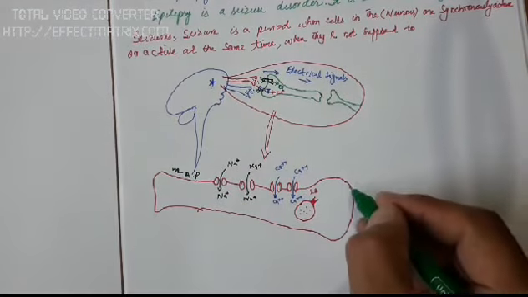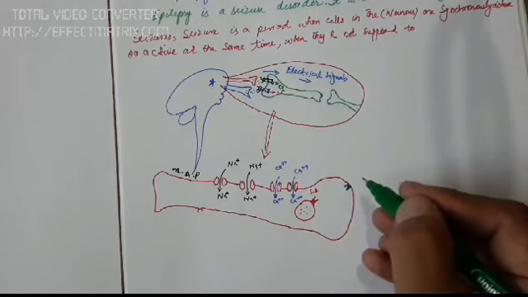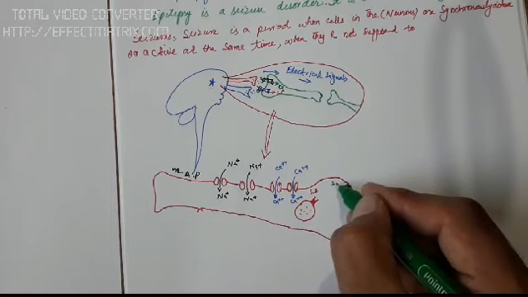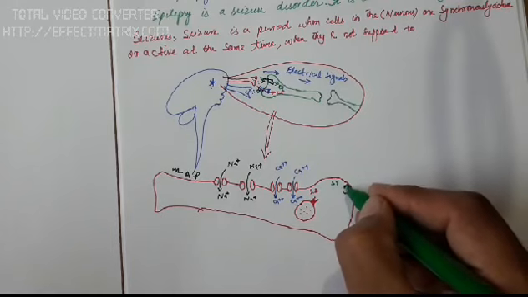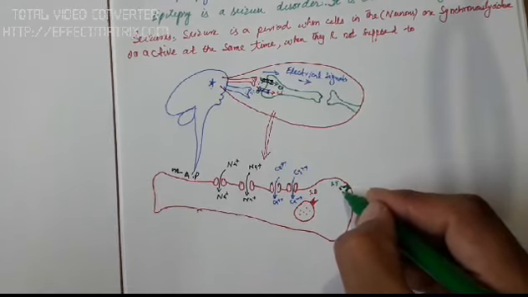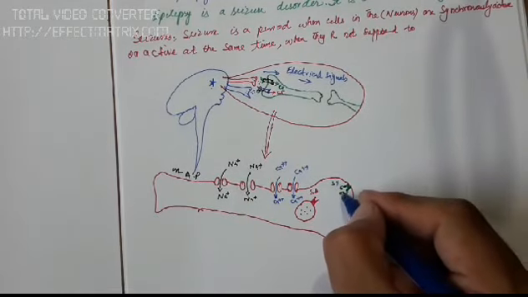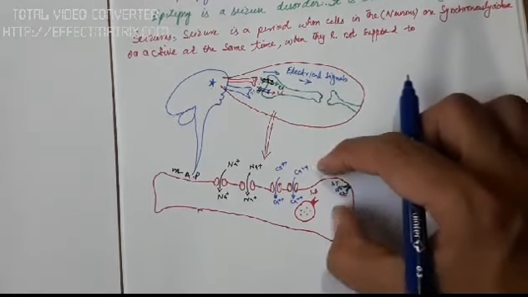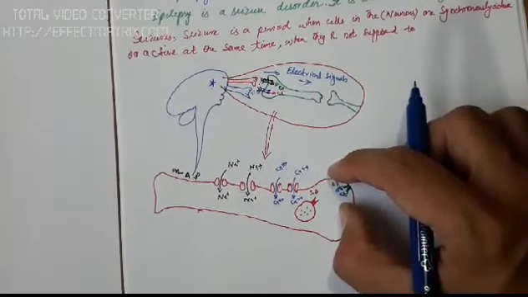Here at the surface of the neuronal ending, there are molecules or receptor types which are called syntaxin. They have their ending closed, but when calcium ion comes and is attached over here, as we know that both the positive charges will repel each other, and this channel, this receptor, will be open.